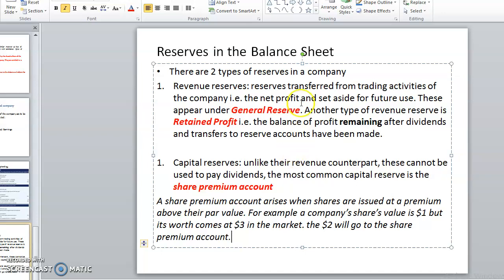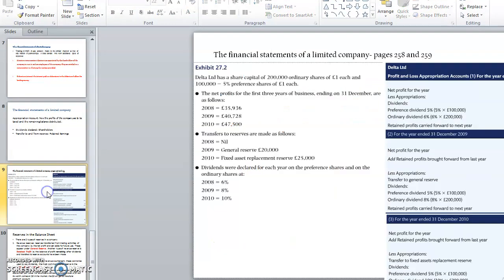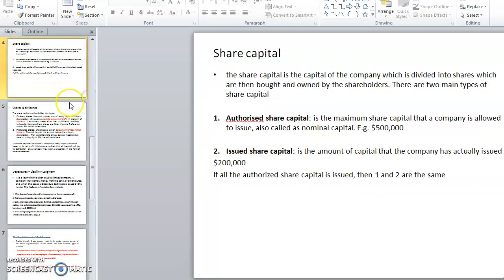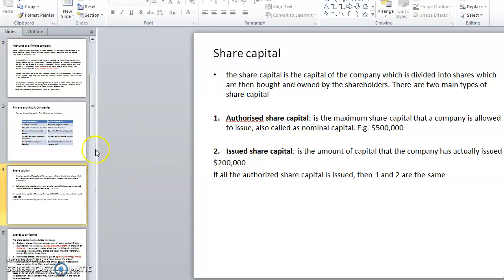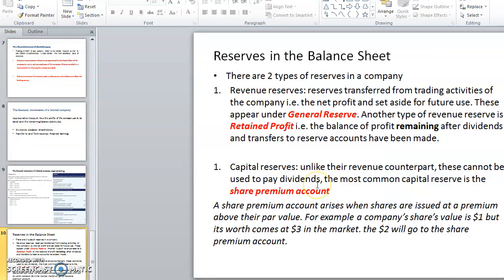Remember, students, please, all the theory I have covered so far in this chapter: reserves in the balance sheet, appropriation account, what is director's remuneration, debenture interest, and everything, okay? Share capital, ordinary and preference shares, dividends, authorized and issued share capital differences, all of these things, please expect them to be tested in the MCQ part of the question paper and the short question and answer part.